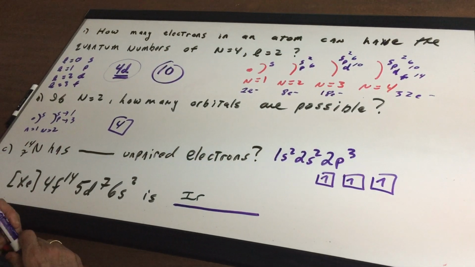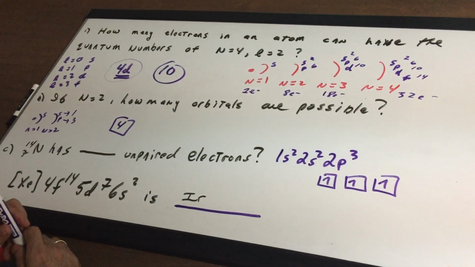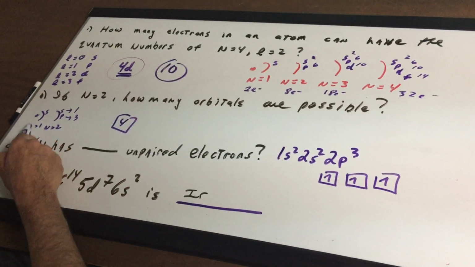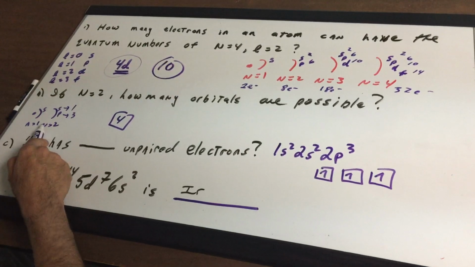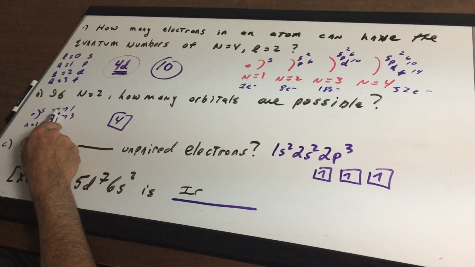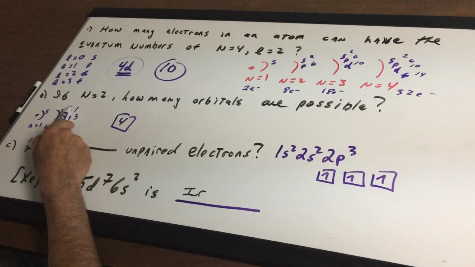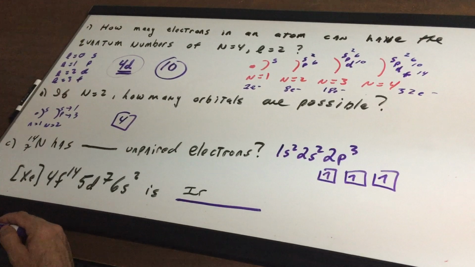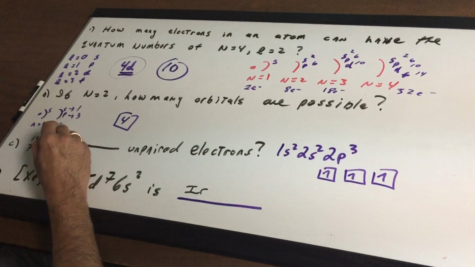Part B. If n is equal to 2, how many orbitals are possible? Well, if we go back and draw our little picture, n equals 1, there's an S, and n equals 2, there's an S and a P. So if the S sublevel has 1 orbital, the P sublevel, you should remember, has 3 orbitals.